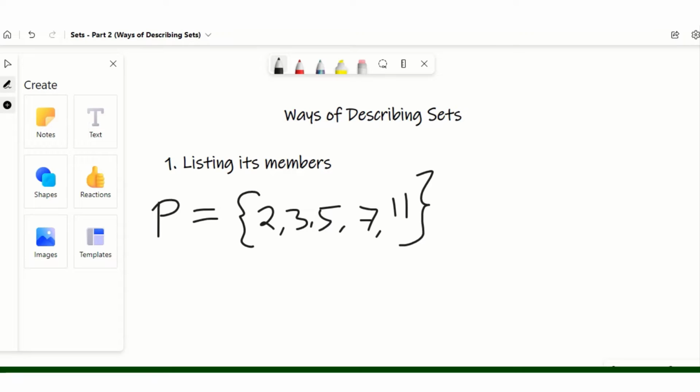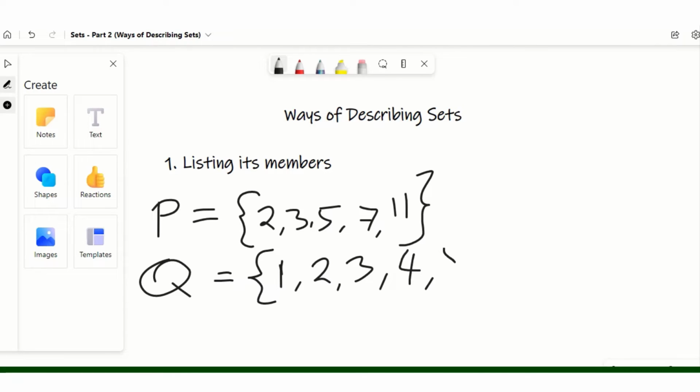Or we can also have the set Q: curly bracket 1, 2, 3, 4, 5. Then we have this ellipsis.